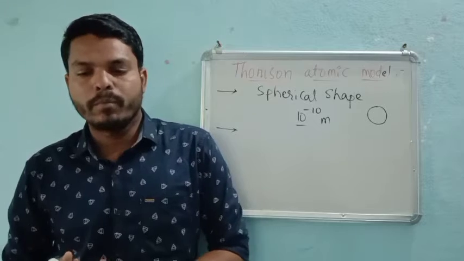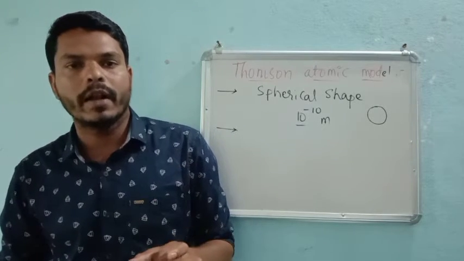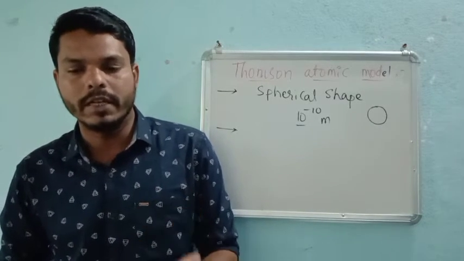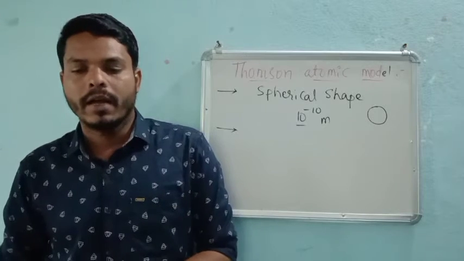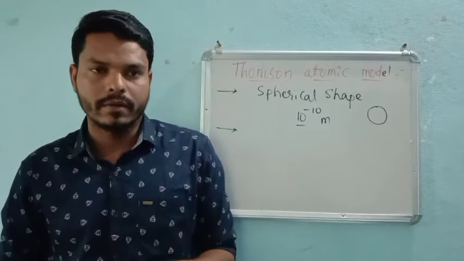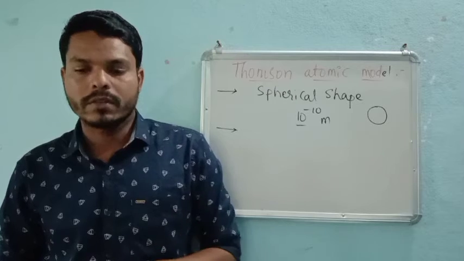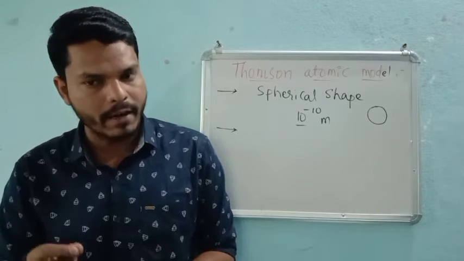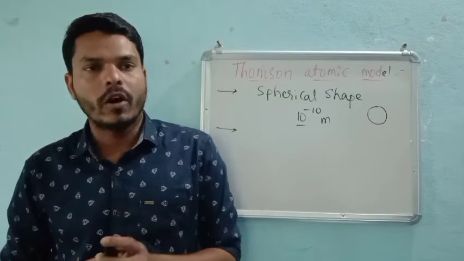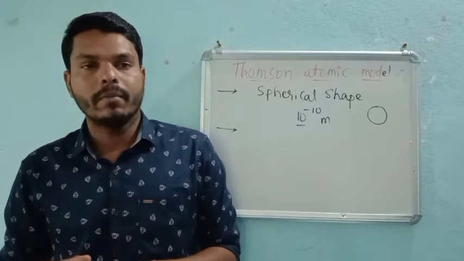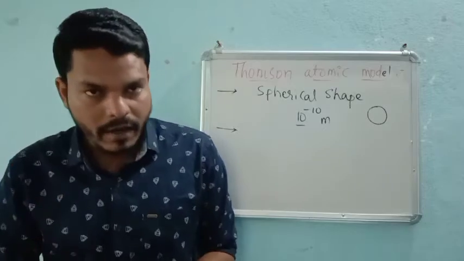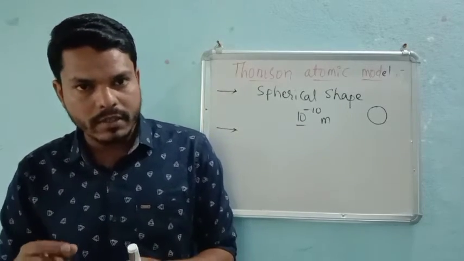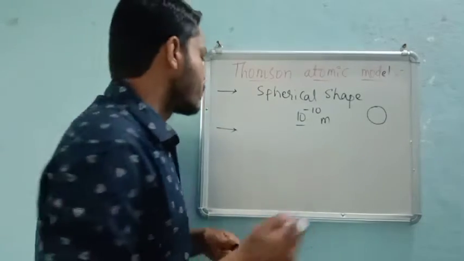In an atom, positive charge is surrounded by negatively charged species, which are embedded in a stable electrostatic arrangement, right? The second point about Thomson is that in an atom, positive charge is surrounded by negative charge.